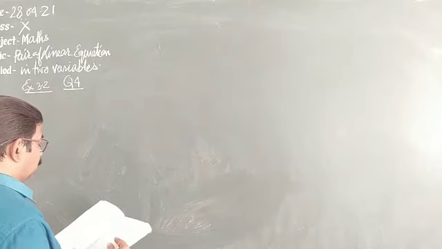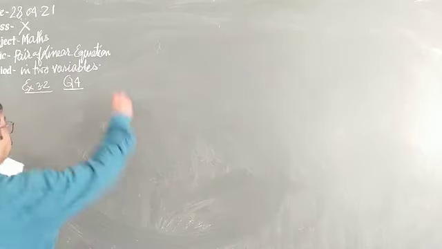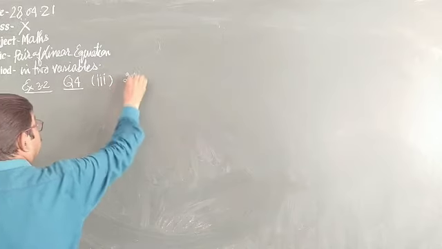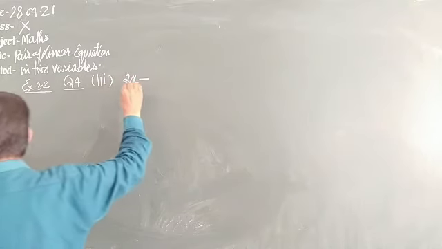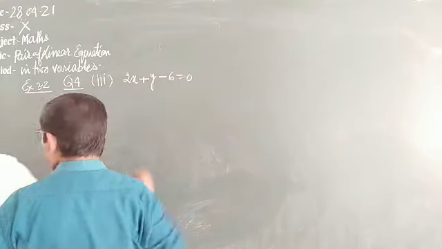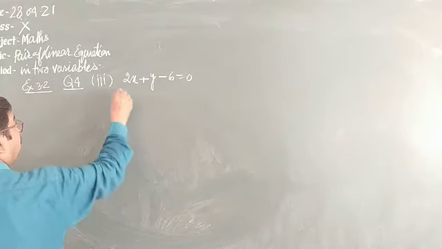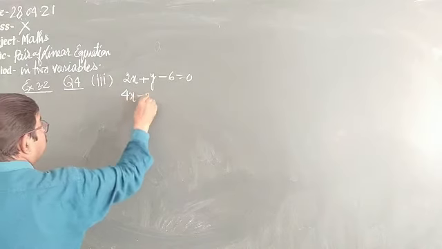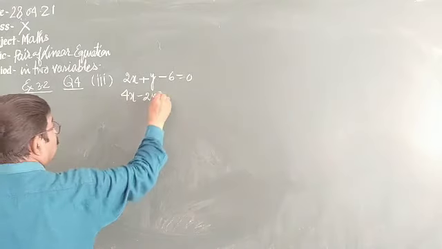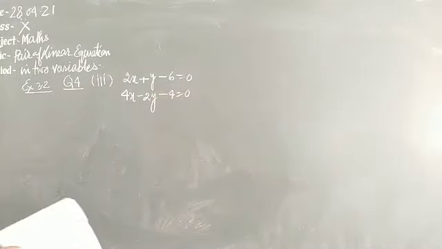The other one is 4x minus 2y minus 4 is equal to 0.